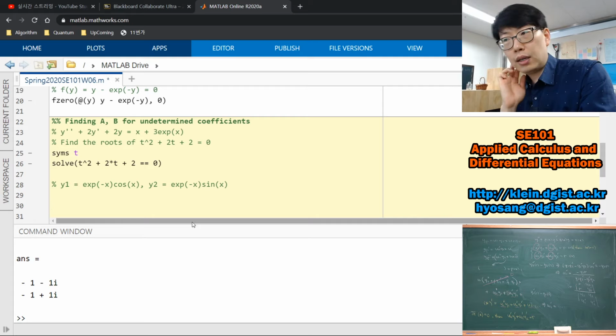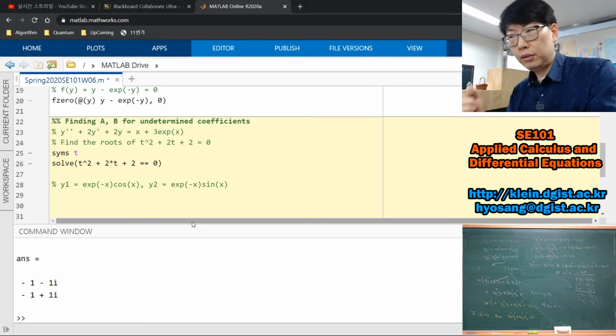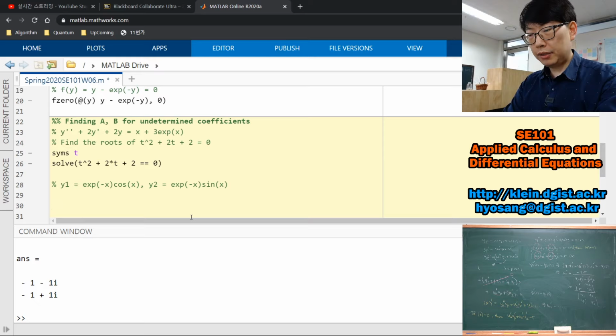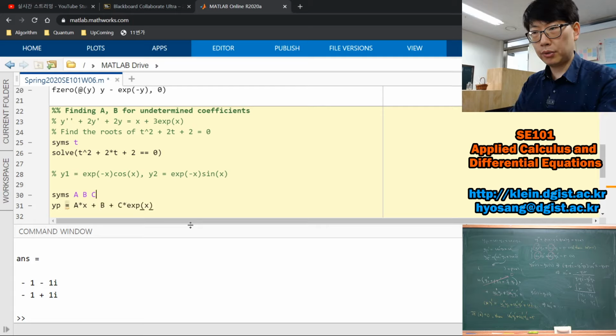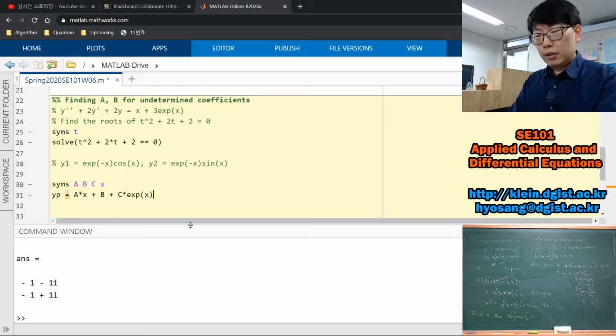I want to find the next particular solution. So let's define symbolic variables A, B, C. Then let's say I have yp as (a times x plus b) plus c times x. I'm sorry, x should also be considered as a symbolic variable.